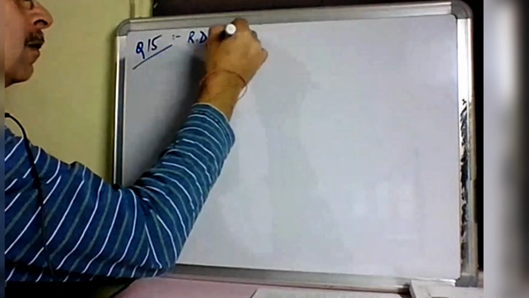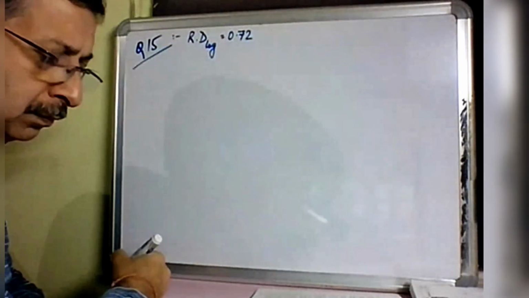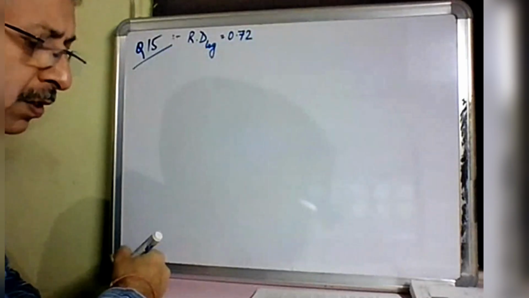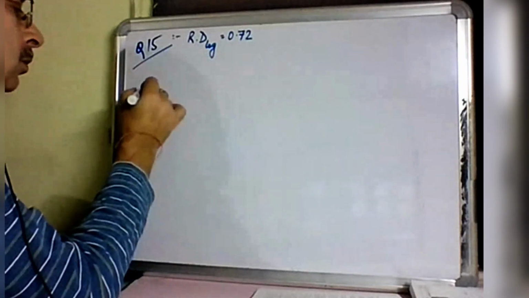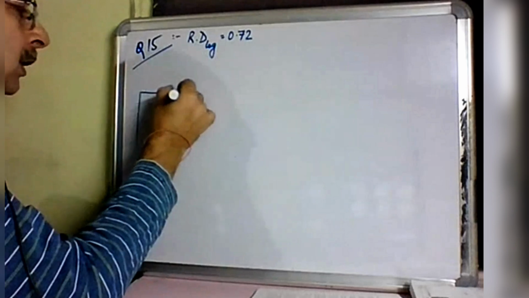The RD of the log is 0.72. So there is a homogeneous log of a square cross section. It is square, like this.